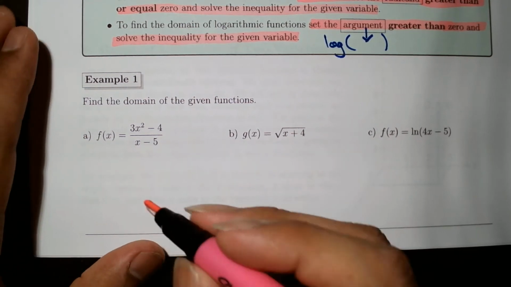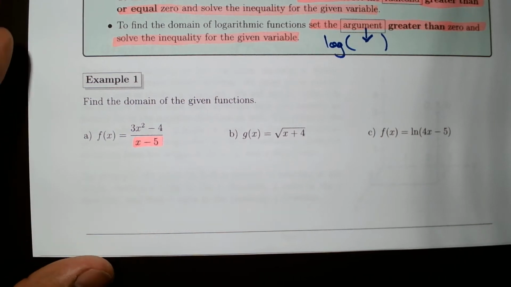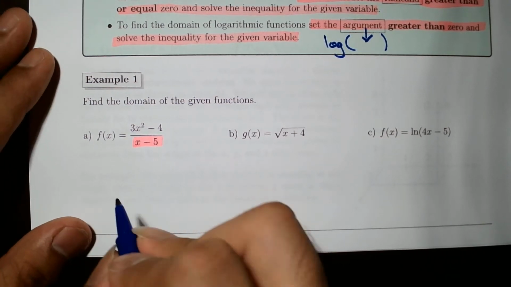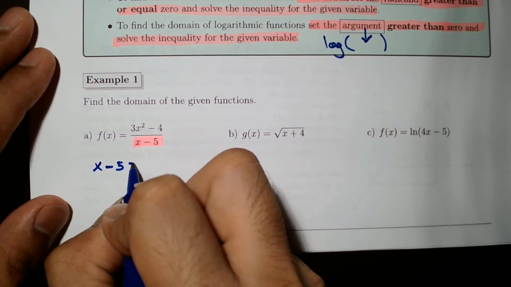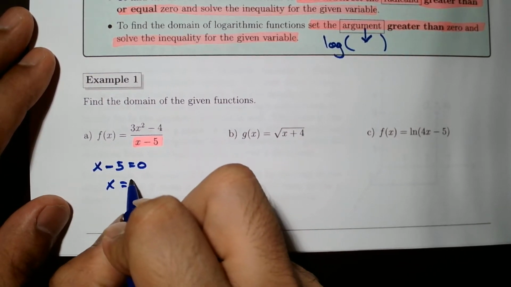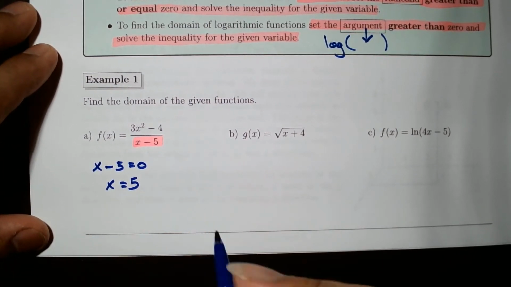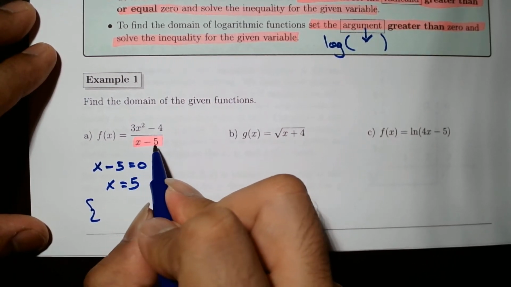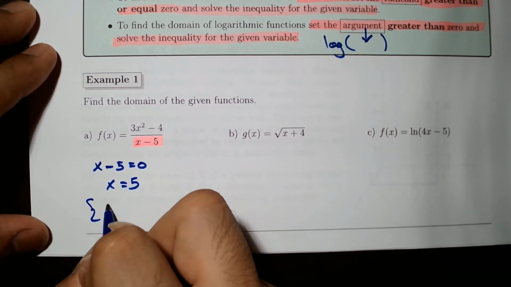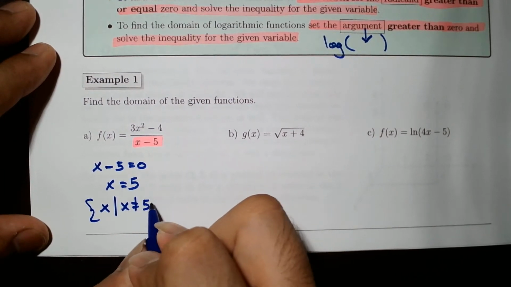Find the domain. For letter A, the given function is a rational function. So in this case, you don't want x minus 5 to be 0, so x equals 5. That means that if you plug in 5, you're going to get a denominator of 0. So we say x such that x cannot be 5.